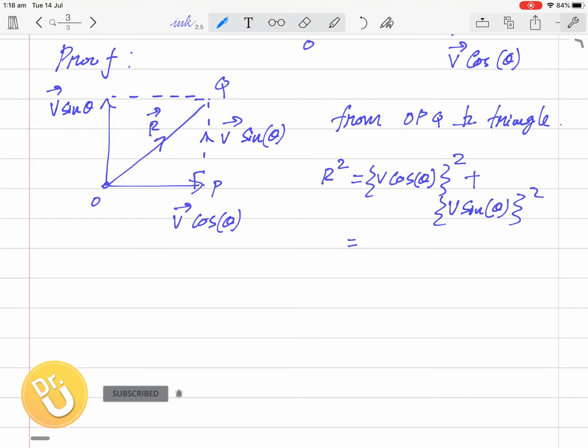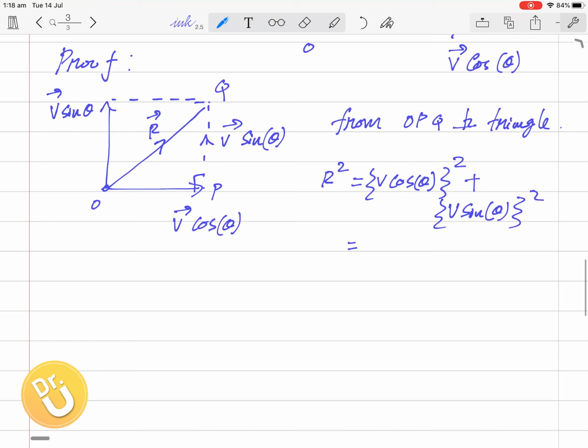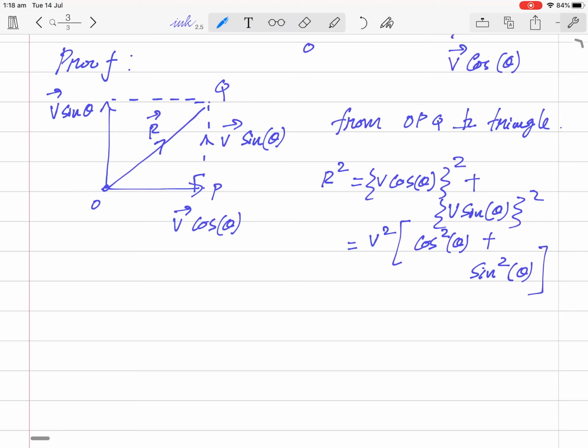That will tell us that V squared is a common term, so you take V squared out. Then from here you get cos squared theta, and then you get sin squared theta from the other one. Now we know that there is a trigonometric identity that cos squared theta plus sin squared theta is equal to 1.